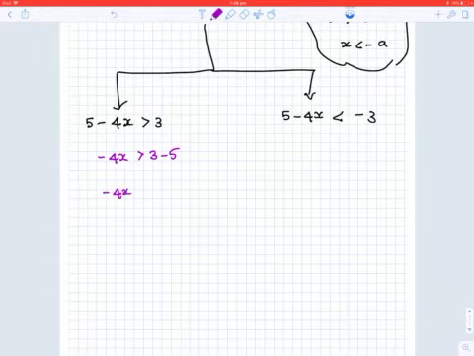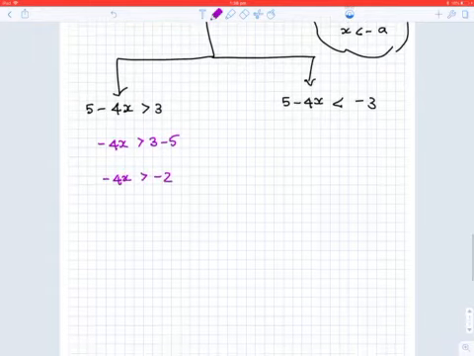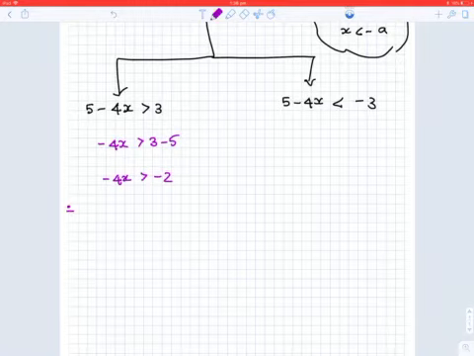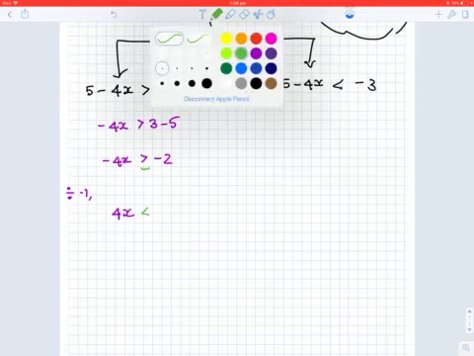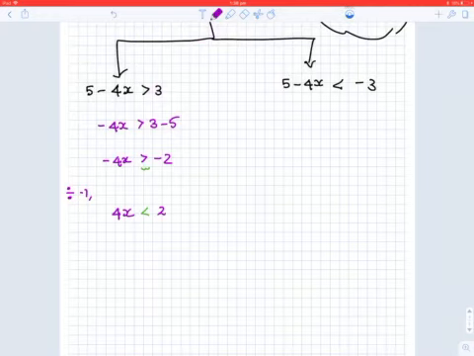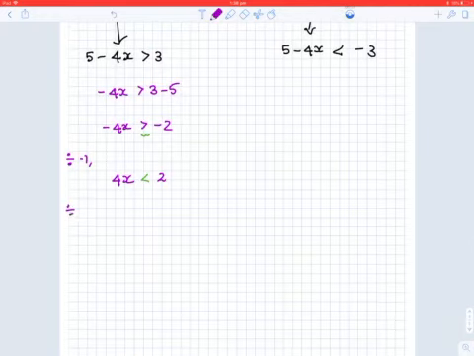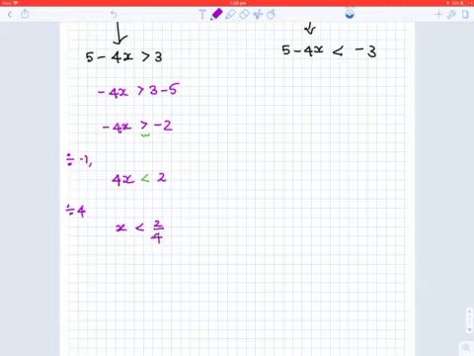We know how to solve them. Subtracting 5 on both sides gives minus 4x is more than 3 minus 5, or minus 4x is more than minus 2. I'm going to divide by negative 1 first. That gives 4x, and the greater than becomes less than, and 2.